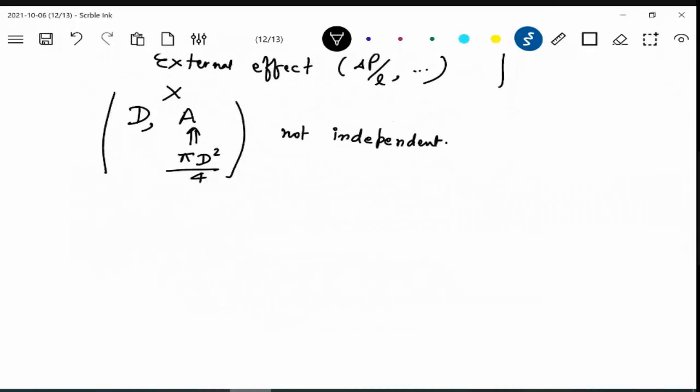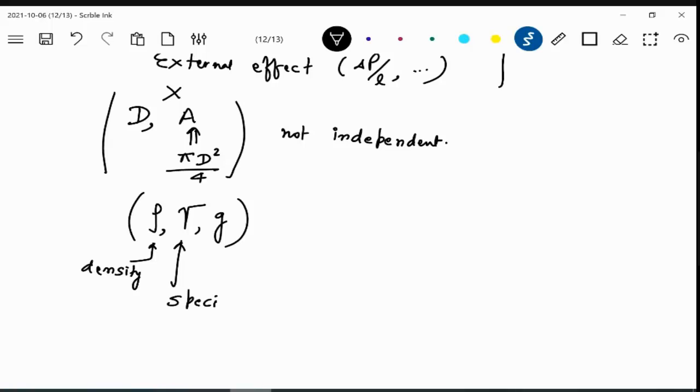For example, you have density, and this is often known as unit weight or specific weight, and this is gamma. So these three variables are not independent. This is your density, this is your specific weight, and this is your gravity, acceleration due to gravity.